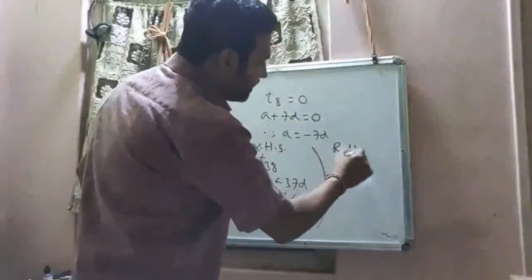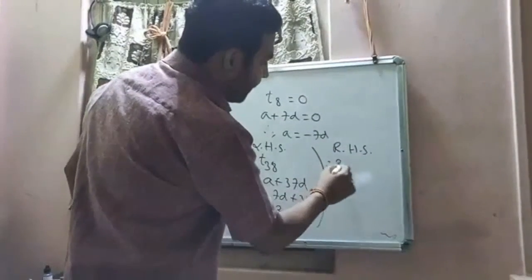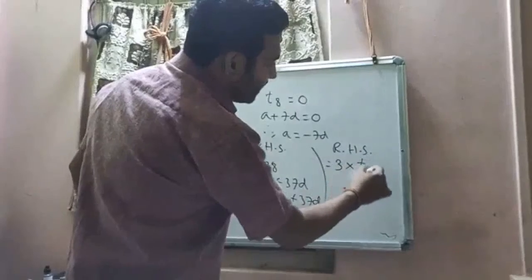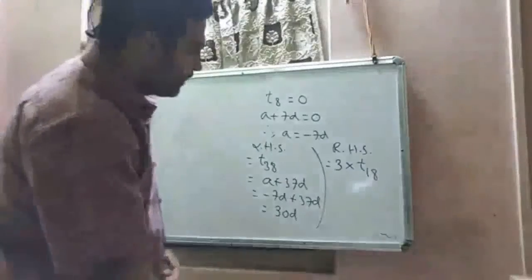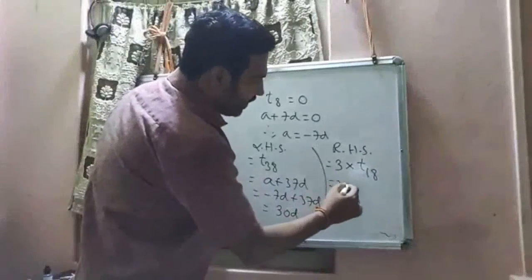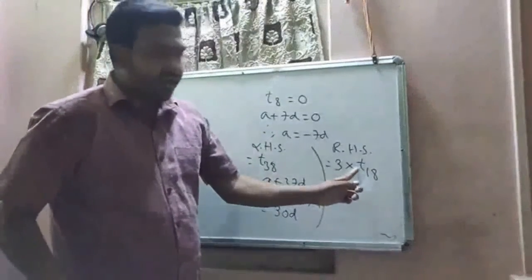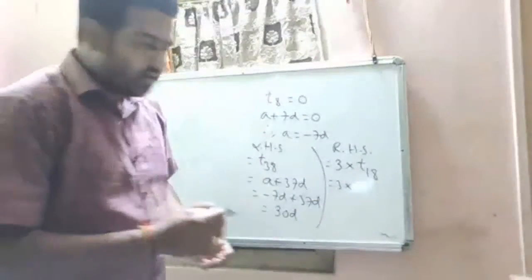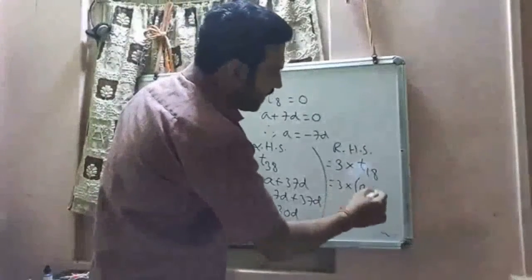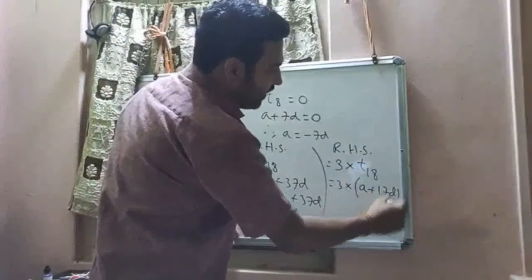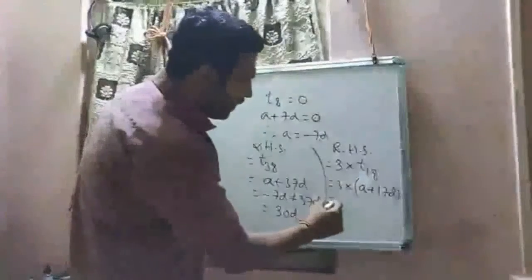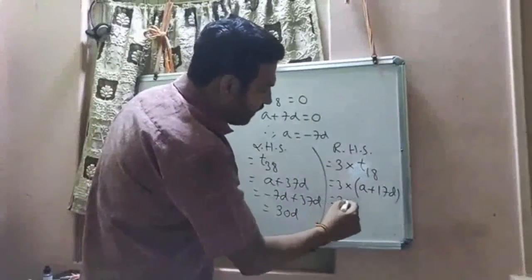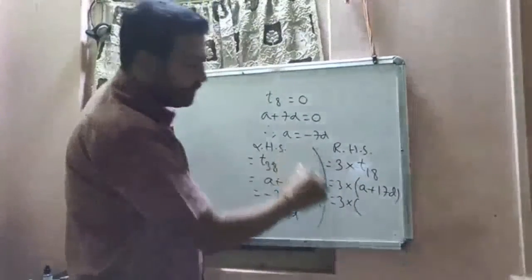Now let's move to the right hand side. We have 3 times the 18th term. This is what we have to prove. So 3 into, let me find the 18th term. Again, the 18th term is what? A plus 18 minus 1, means 17 times D. A is again minus 7D.